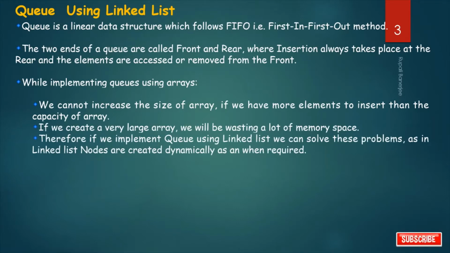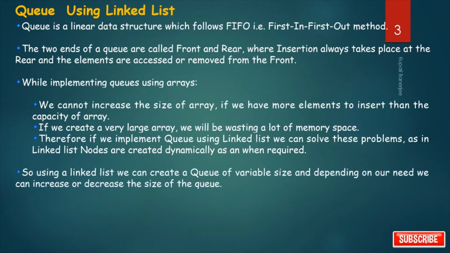Therefore, if we implement queue using linked list, we can solve this problem as in linked list nodes are created dynamically, that is at the time of run and as and when required. So, using a linked list, we can create a queue of variable size and depending on our need, we can increase or decrease the size of the queue.